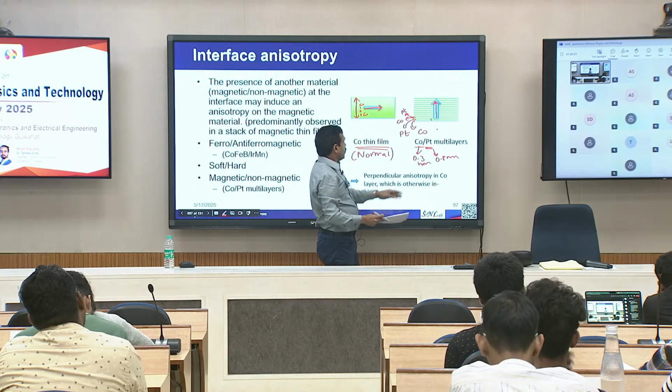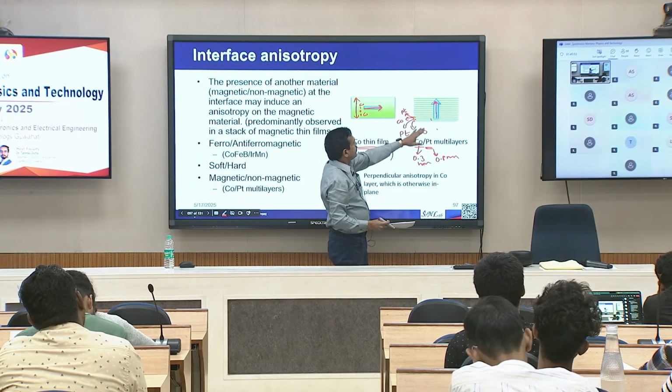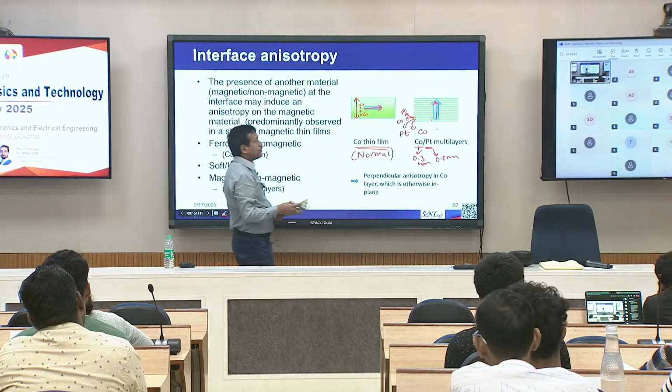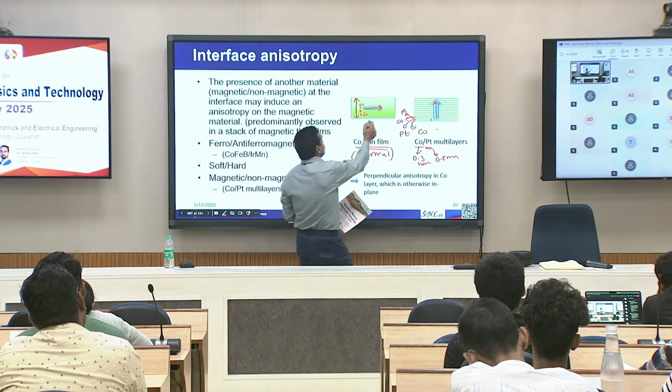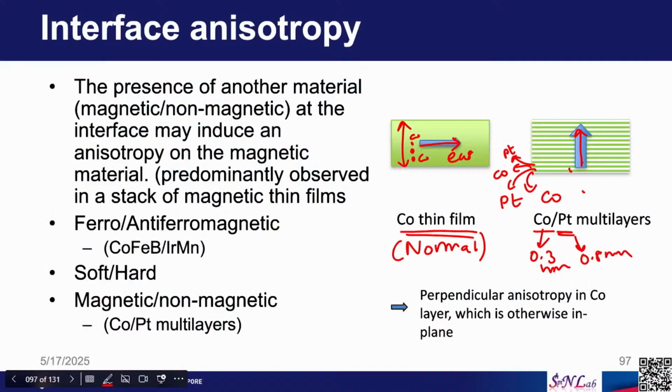Okay. So, you are modifying the interface, and because of this interface there is a perpendicular magnetic anisotropy. Okay. So, now here this is the easy direction. Now, you see that the easy direction is pointing perpendicular to the film plane.